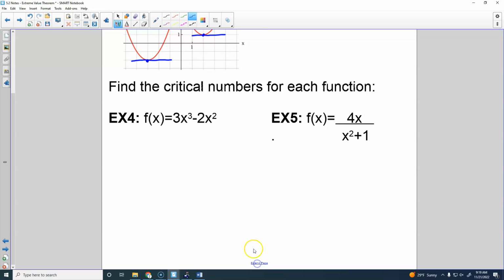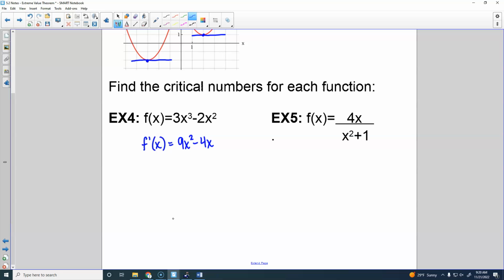So if we are asked to find the critical numbers for each function, they are places where our derivative is either 0 or undefined. If we have something like example 4, we would first need to find the derivative, right? Wesley, what do we get for the derivative for example 4? Very good. Then we would want to see where that derivative equals 0 or is undefined.